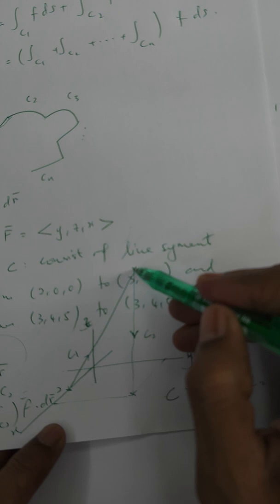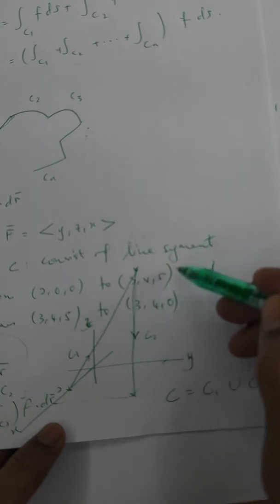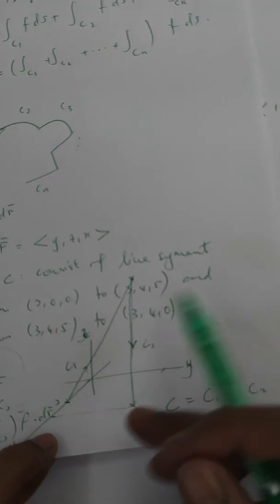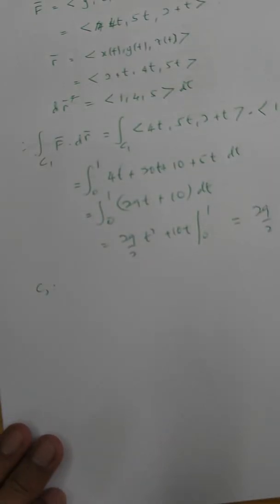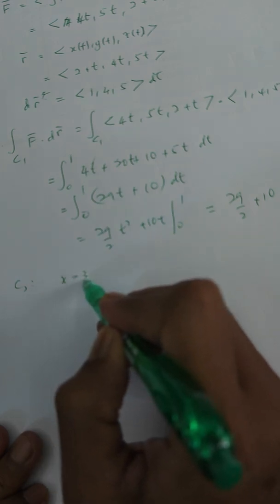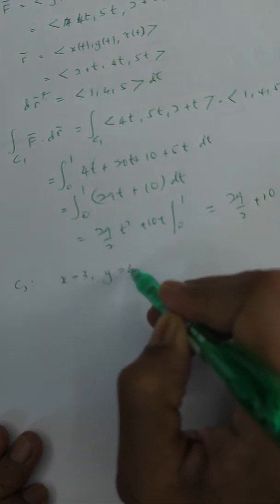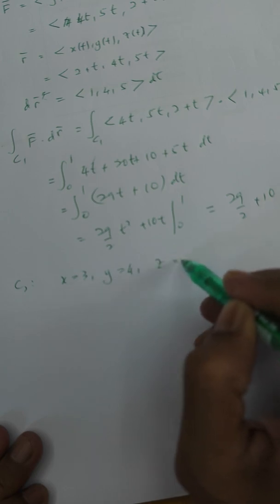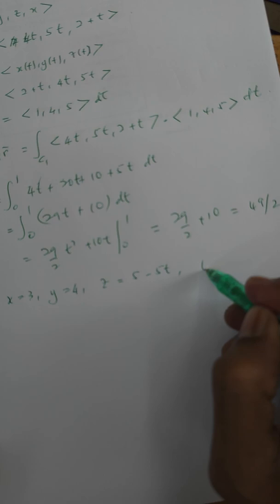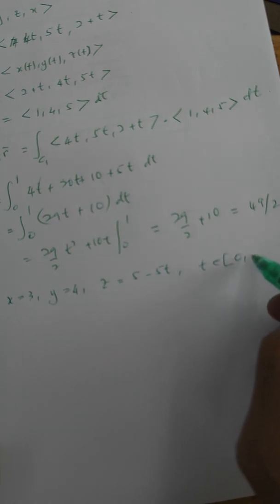Only z changes, right? z changes from 5 to 0. x and y don't change. So you can find the equation for this easily. I just wrote down the equation. x equal to 3, y equal to 4, and z equal to 5 minus 5t. And your t, you can find your t is from 0 to 1.